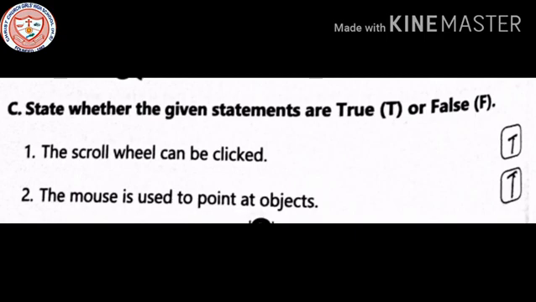Next, number C. State whether the given statements are true, that is T, or false, that is F. Number 1. The scroll wheel can be clicked.